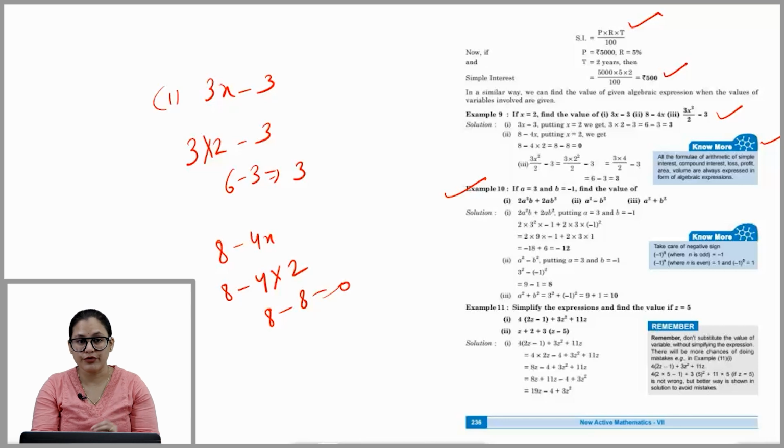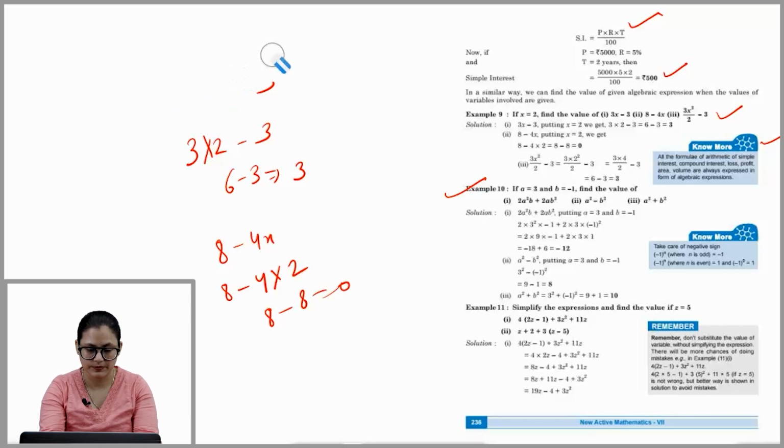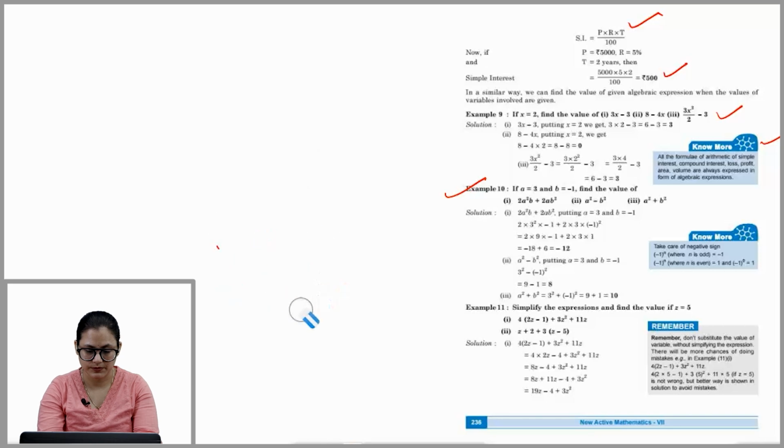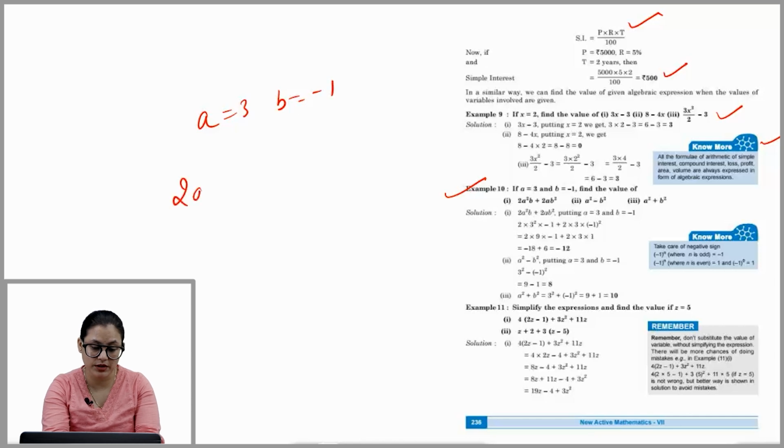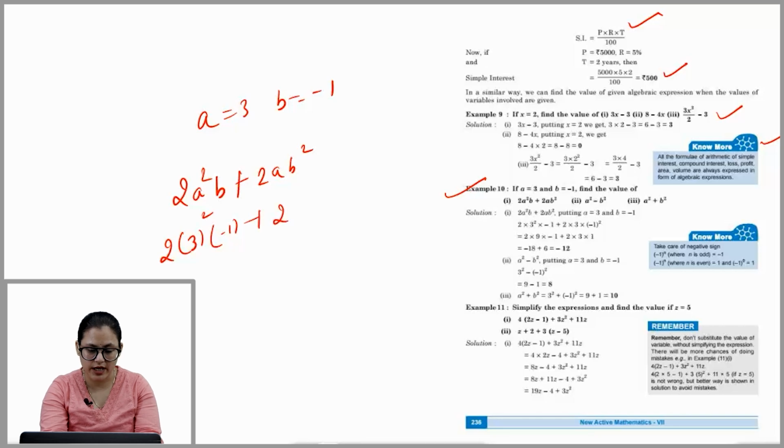Here, value of a and b is given, and we have to find the value of, okay, value of a is 3 and value of b is minus 1, and we have to find out the value of this expression, plus 2ab square. Value of a is 3, so 3 square, value of b is minus 1, plus 2, value of a is 3 and value of b is minus 1.